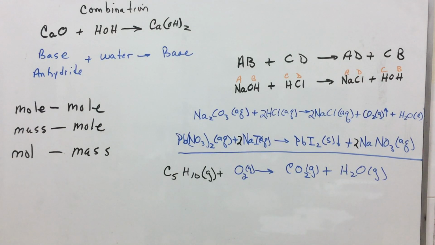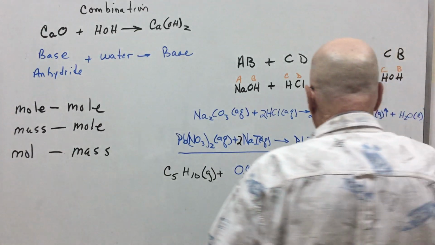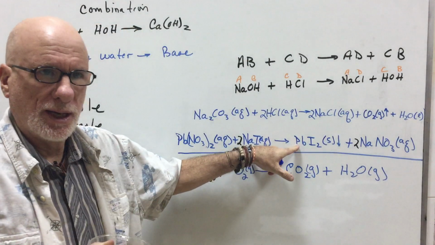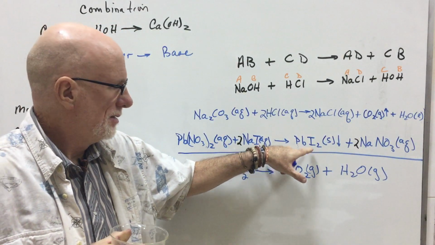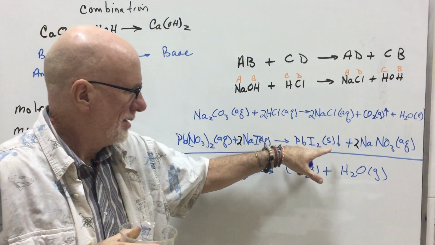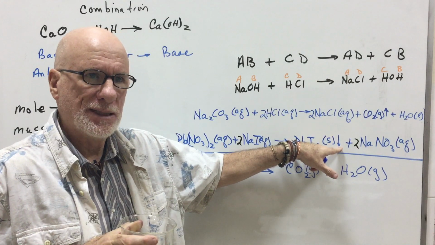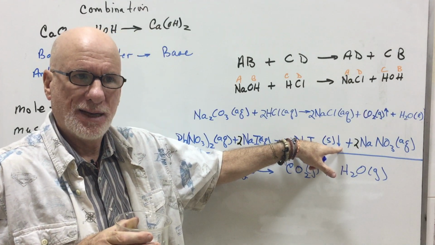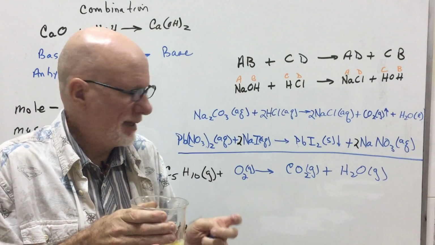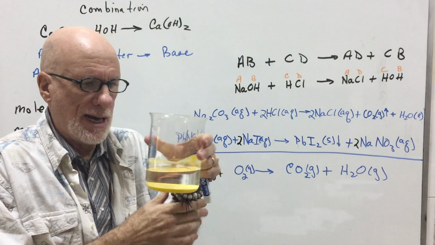You can see a lot of water has evaporated, but you clearly can see the precipitate at the bottom. Okay? So here you're producing a solid, an insoluble solid, and that downward arrow means it's a precipitate. Clear?